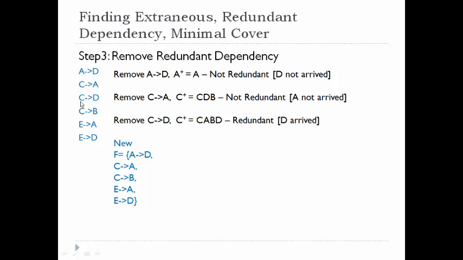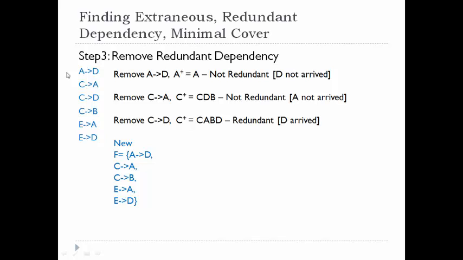Now the next step is to find whether, if we remove C tends to D, it will be a redundant dependency or not. Now if we remove the C tends to D and find C closure, so C is issuing A, so we have C, A. A is issuing D, so we have added D, and C is issuing B, so we have added B. So we have C, A, B, D. In this C tends to D, even after removing this, D has arrived.